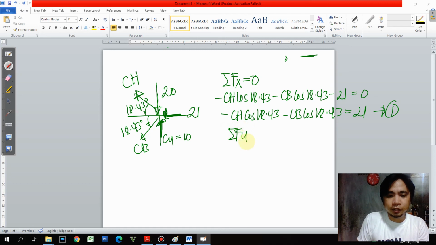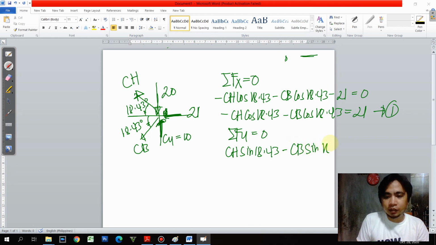And then summation forces y is equal to 0. We have an upward CH times sine 18.43 minus CB times sine 18.43. Okay, so that is downwards, and then another downwards 20 and an upwards 10.